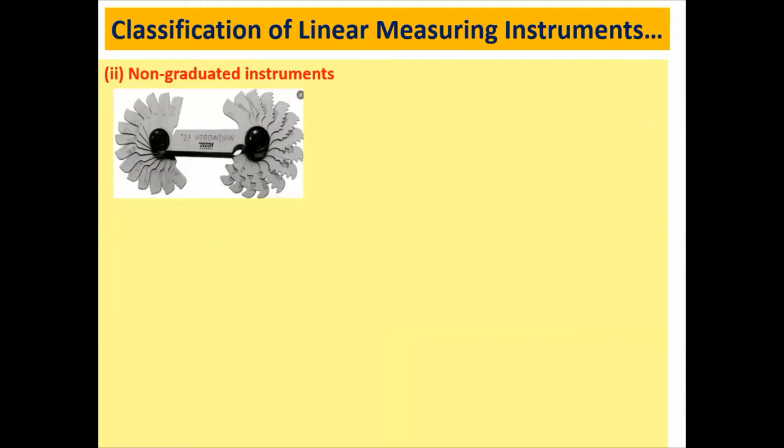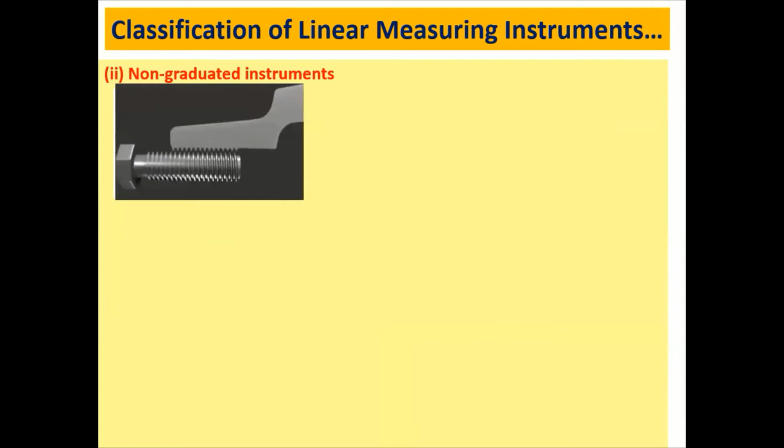If you see this one, this is a screw pitch gauge. With the help of the screw pitch gauge, we just compare the pitch of a screw, but you will not get an exact value there. Here it shows the pitch is 2 mm, but we can't say whether it is 1.99 or 2.1, because there is no graduated scale there.